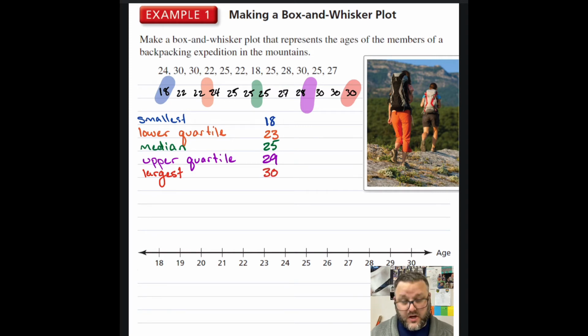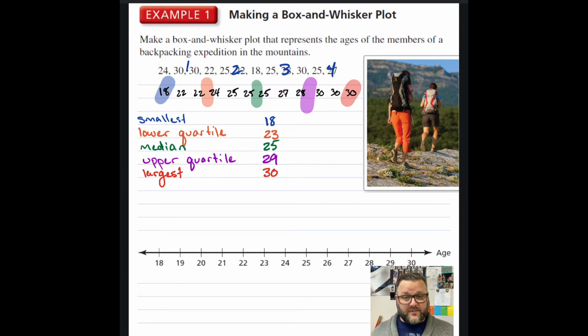All right, now let's talk about what this means. According to our data, we have split this up into quarters. Quarter 1, 2, 3, and 4. A quarter just means split up into fourths, okay? So we have 4 sections.